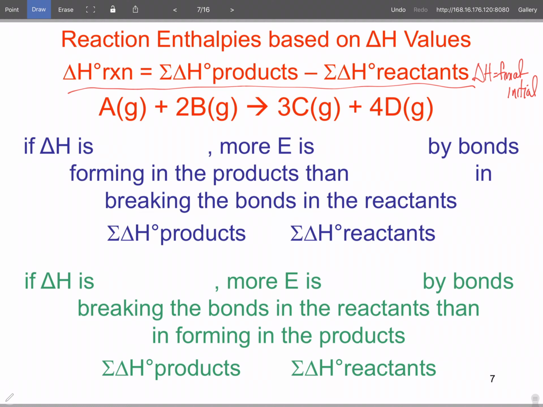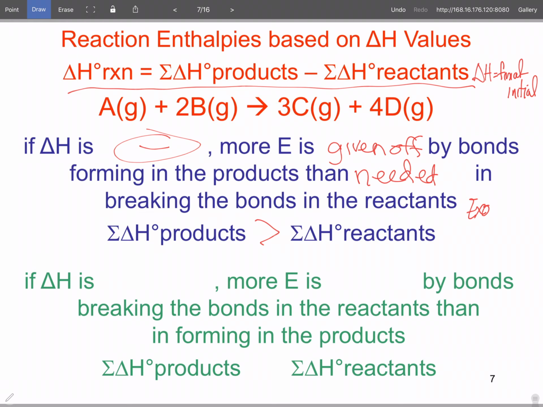So when we look at the values, what it boils down to is if delta H is negative, more energy is given off by the bonds forming in the products than needed to break the bonds. So delta H of the products is higher energy than delta H of the reactants. So in this case, this would be an exothermic reaction overall.